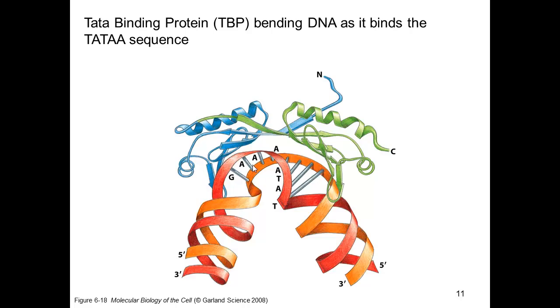Here you see a crystal structure of a protein, in blue and green, which helps initiate transcription. This is called the TATA binding protein. When this crystal structure was solved, people were rather amazed at the very significant angle of about 60 degrees, as I recall, at which DNA is bent.